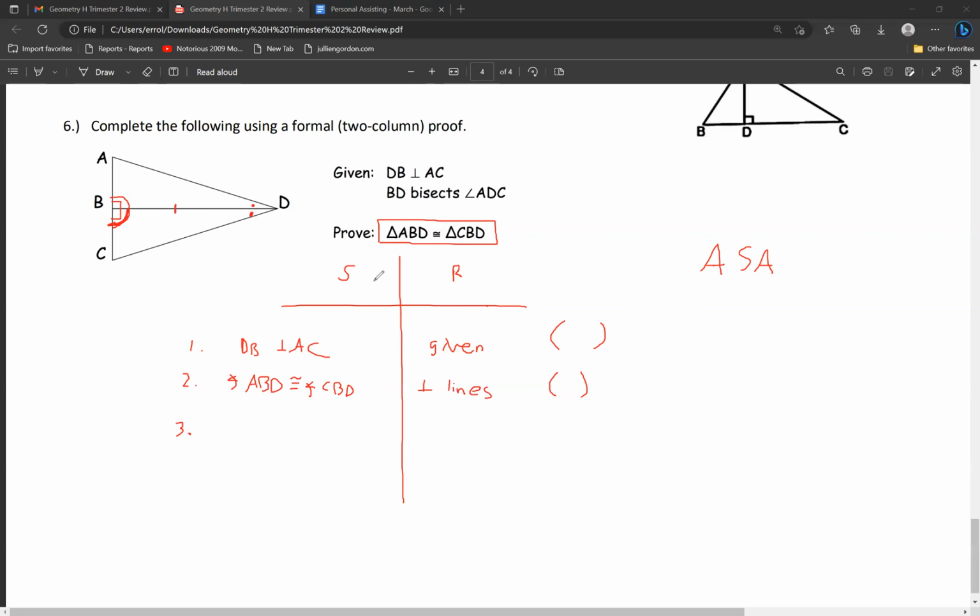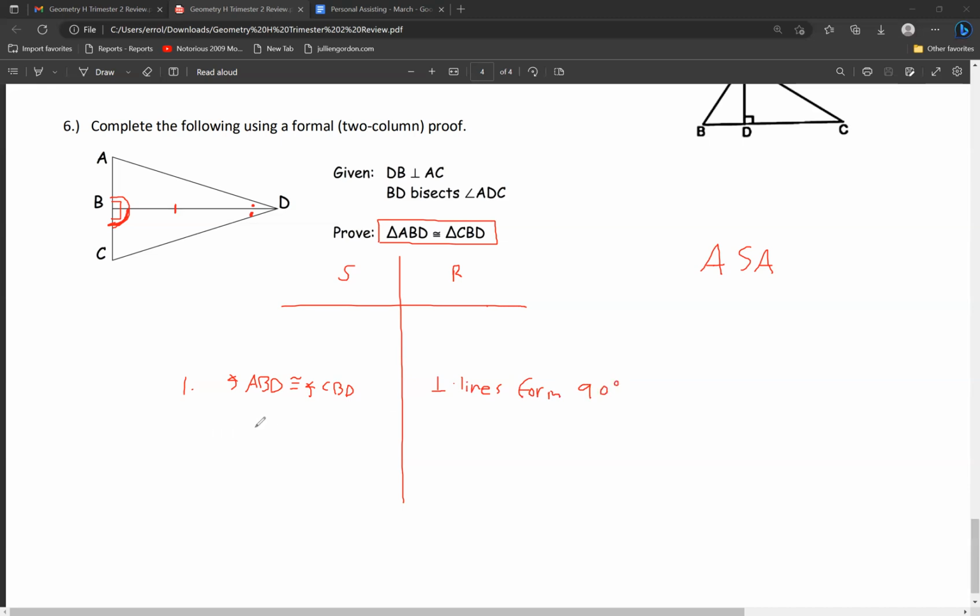Angle right here, side right here, angle right here. All right, so let's rewrite it in that order. We don't even need these two. Let's go to number one. Number two would be number one. So this is the real number one: perpendicular lines form 90 degrees.